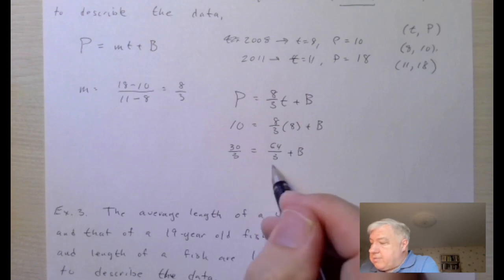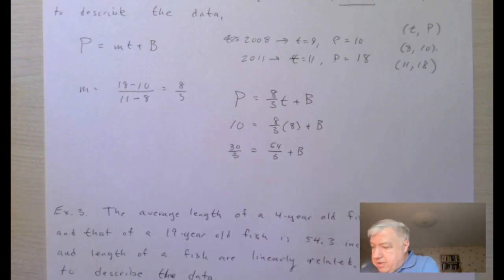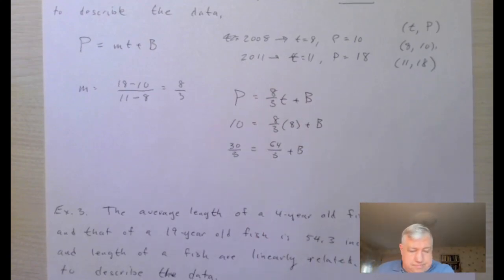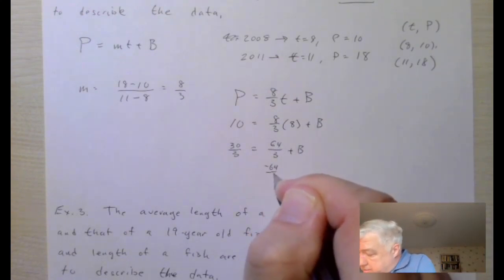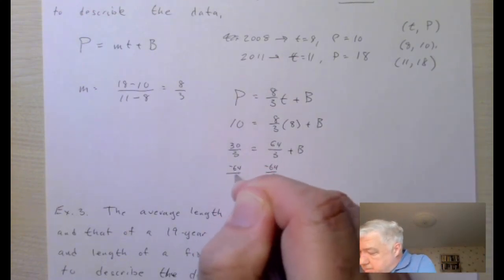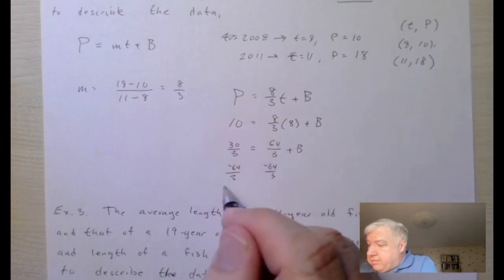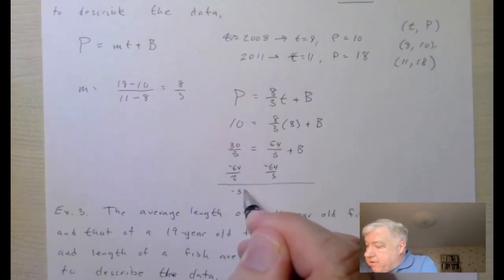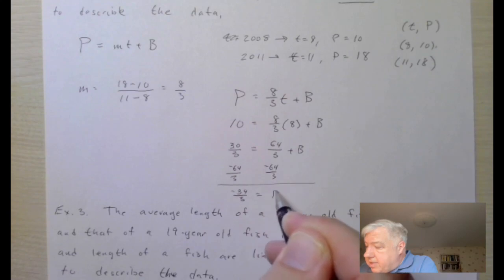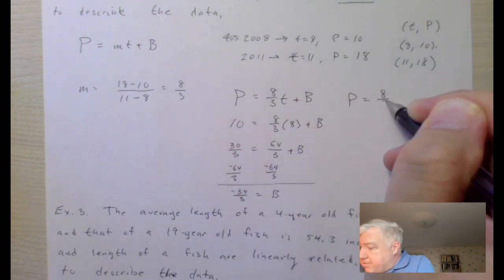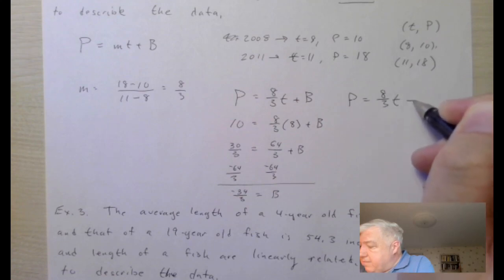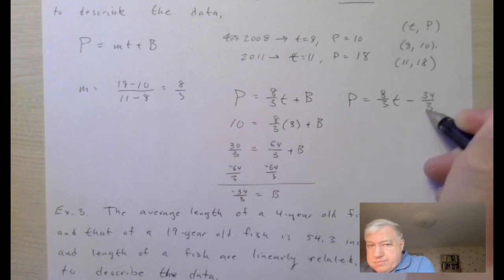So you can subtract 64/3 from both sides, and this will turn out to be negative 34/3. And that's equal to B. So P is going to be 8/3 T minus 34/3.